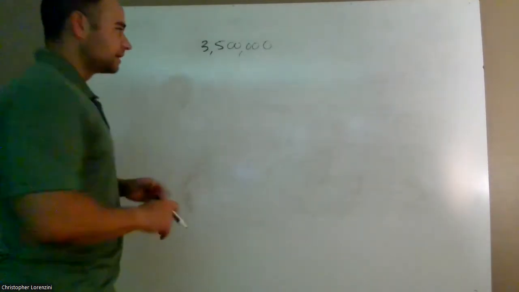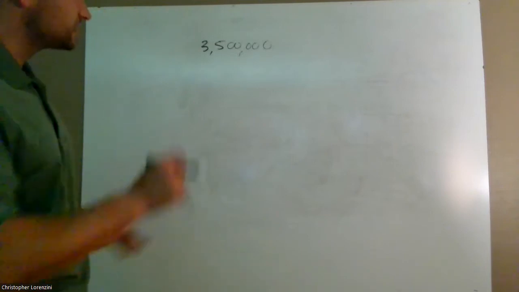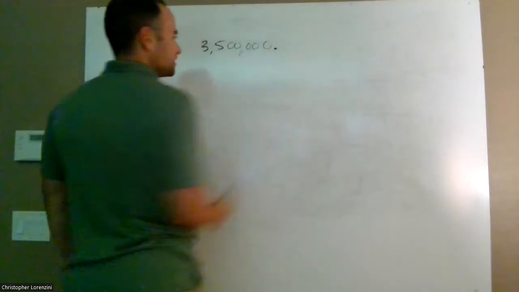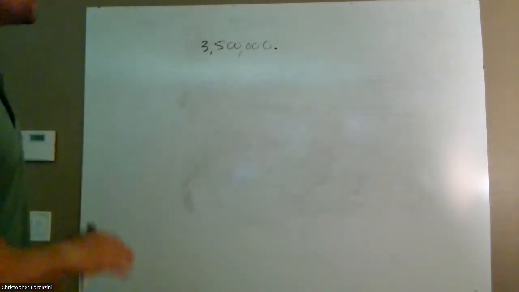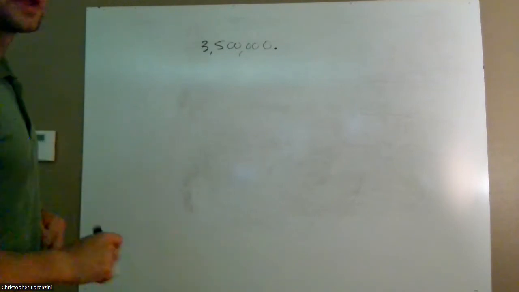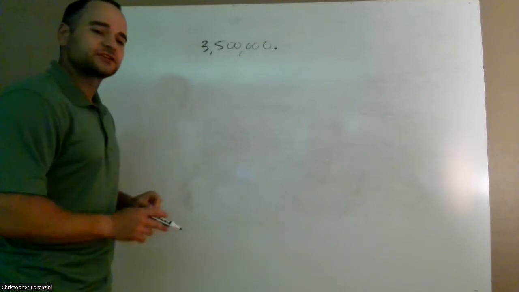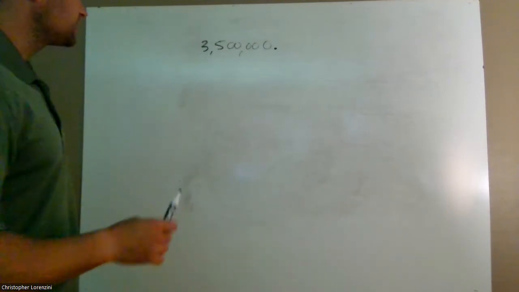So I take my number and I need to determine where the decimal place is at this point in time. The answer is it's right here. We don't write it when we're writing an integer like that, but it exists and it's there. Next, we need to figure out where the decimal needs to go when this number is written in scientific notation.